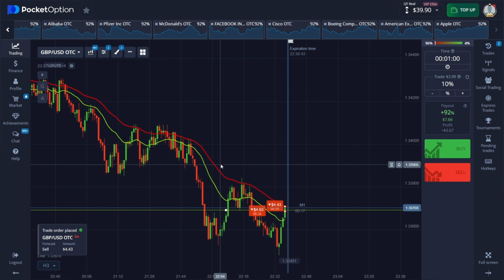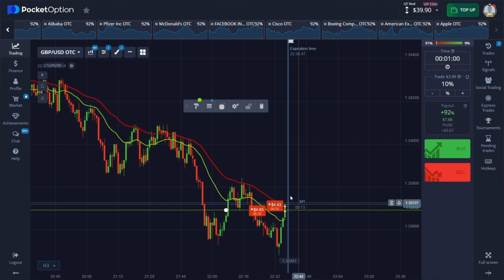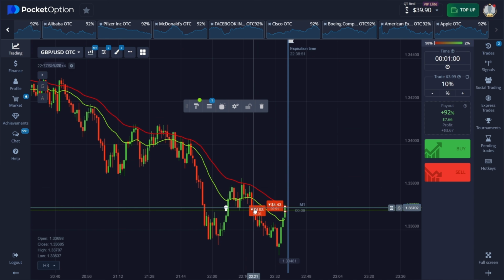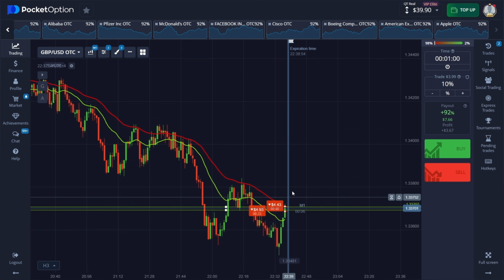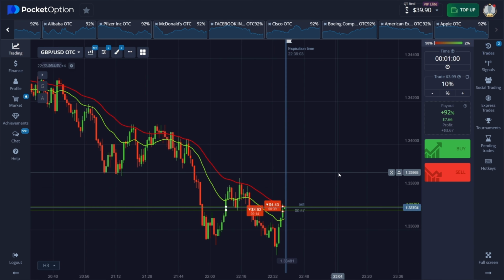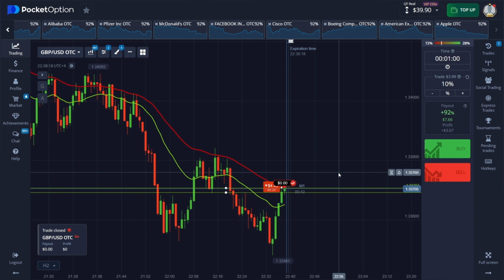I placed a second trade because we lost the previous one, and this looks like a good opportunity. Here we also have a good resistance level and a 50 EMA moving average. We lost our first trade, but that's okay.